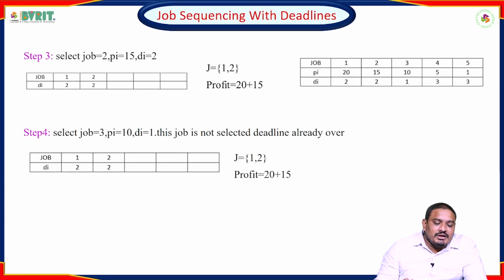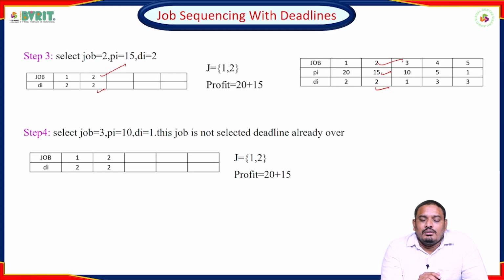The next step is to select job 2. Job 2 has deadline 2 and profit 15. Now we can earn some profit. The 2 jobs are completed, and job 2 is placed into the subset.